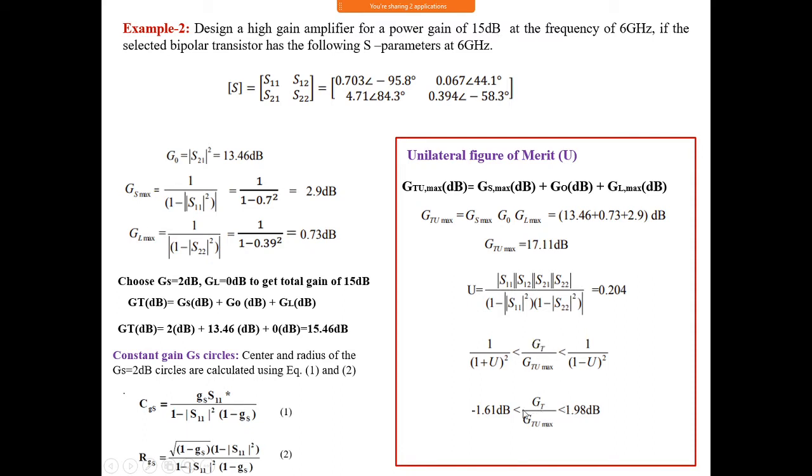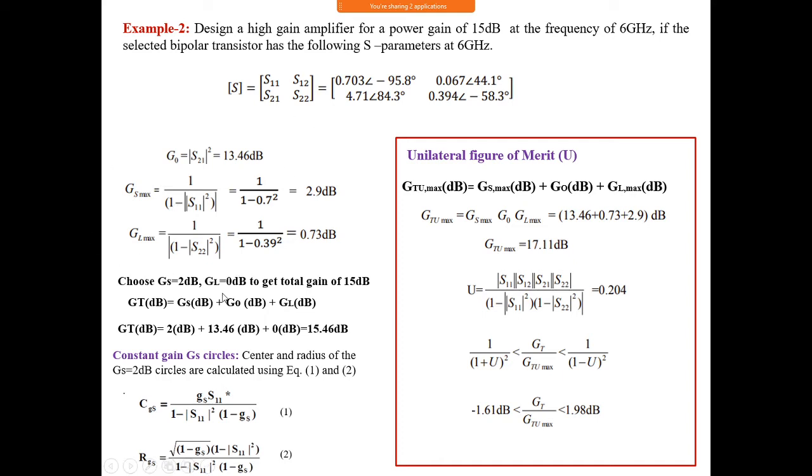That ratio should be bounded between these two values. As we can observe here, 15 divided by 17 point something is lesser than 1.98 dB. So that is within this limit. So we can apply the unilateral design equations, and now you can proceed to design the amplifier.